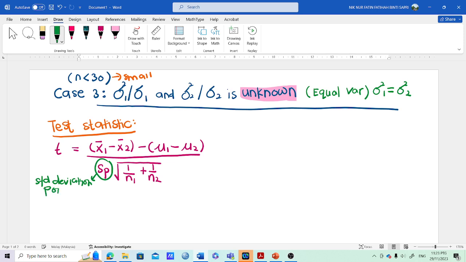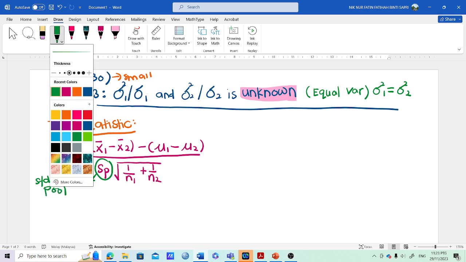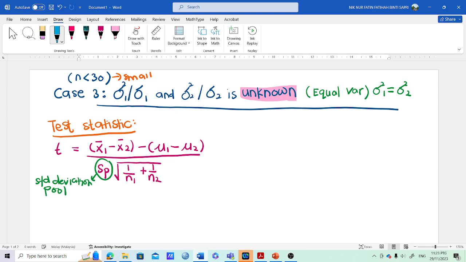SP can be calculated as follows: N1 minus 1 times the sample variance from group 1, plus sample size group 2 minus 1 times the sample variance from group 2, divided by N1 plus N2 minus 2.